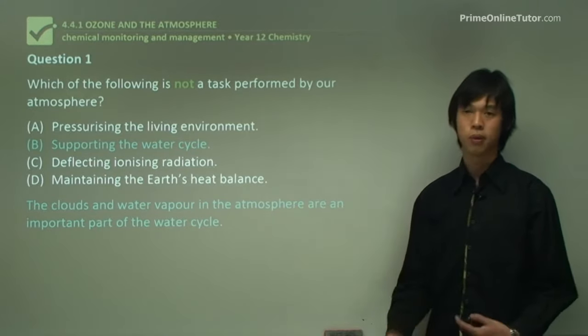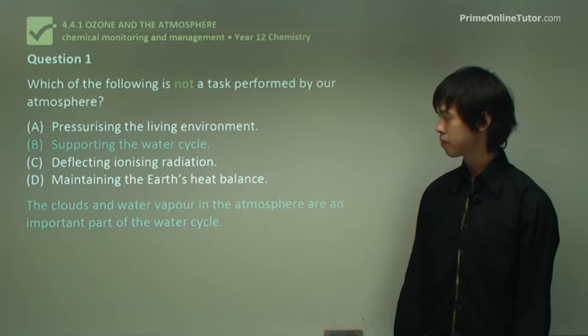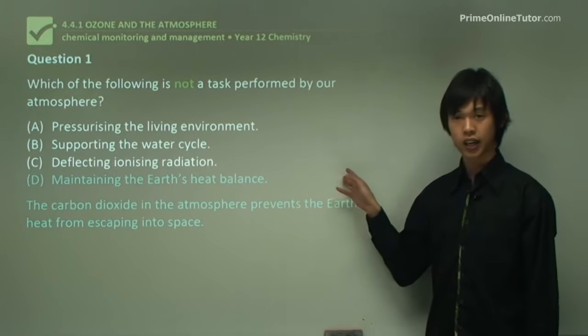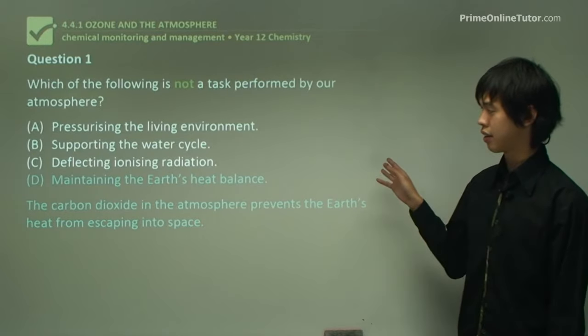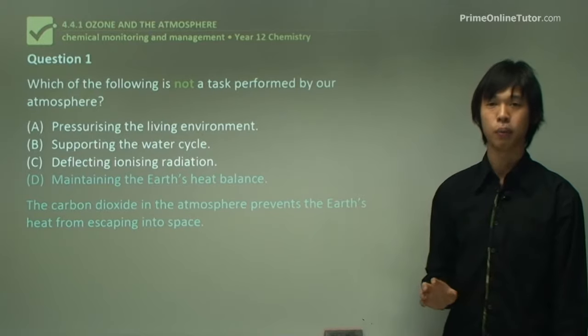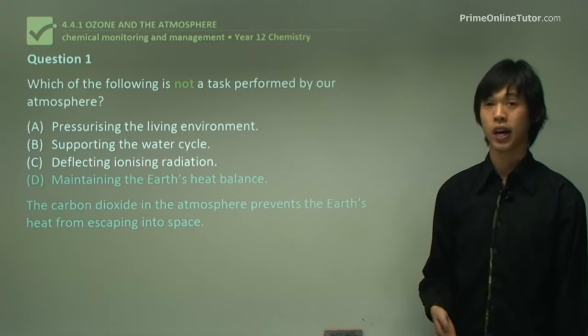And that helps to support this water cycle. So this is obviously also incorrect. D, again, incorrect. I mentioned that the Earth's heat balance, or the temperature consistency of the planet, is kept in check by the atmosphere.